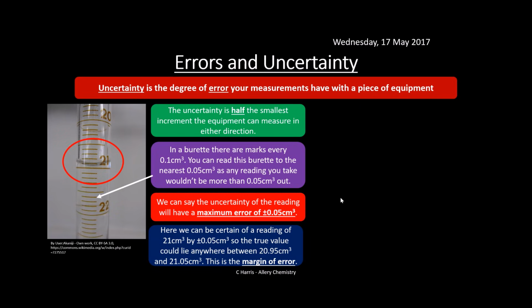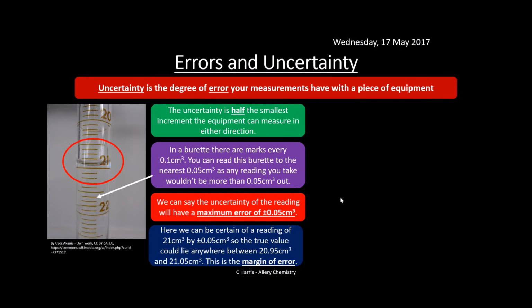Okay, so here we can be certain of a reading of 21 centimeters cubed by plus or minus 0.05 centimeters cubed. So the true value could lie anywhere in between 20.95 centimeters cubed and 21.05 centimeters cubed. And this is the margin of error in your readings.